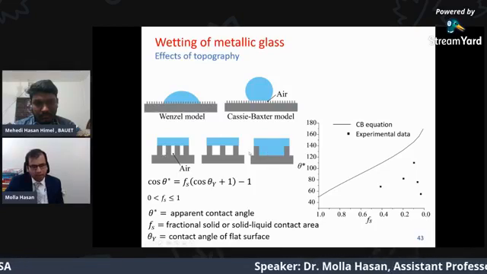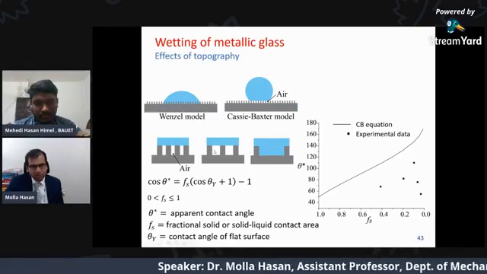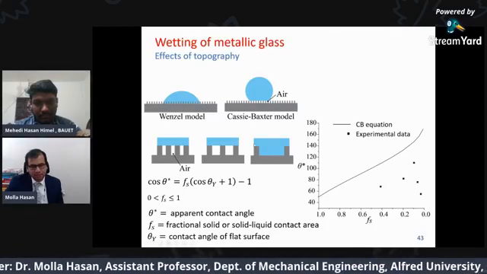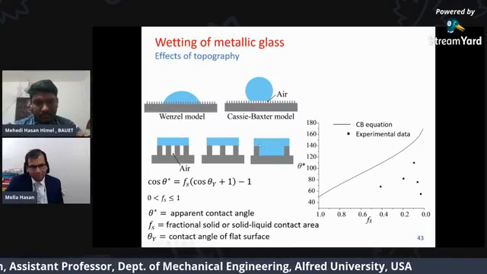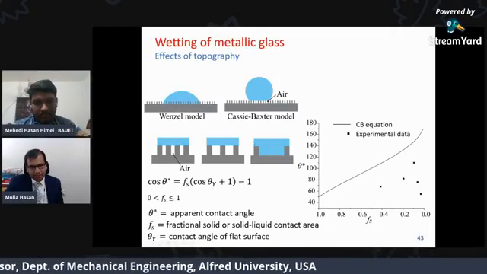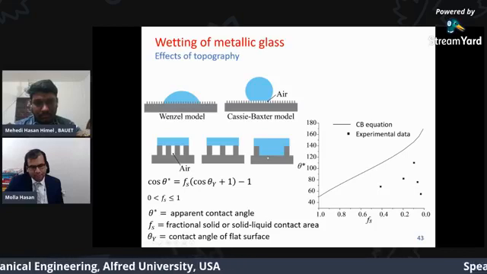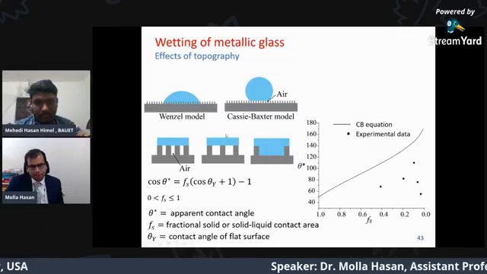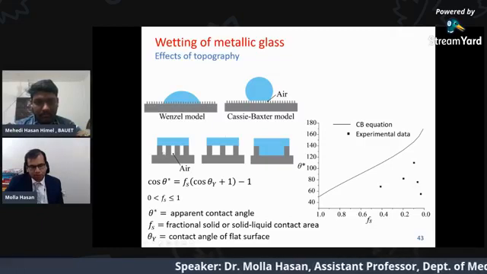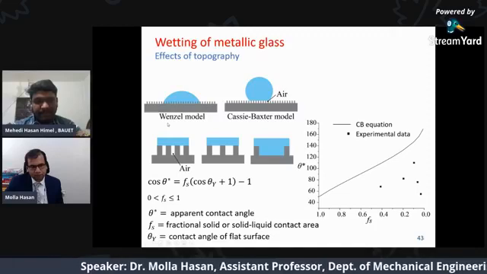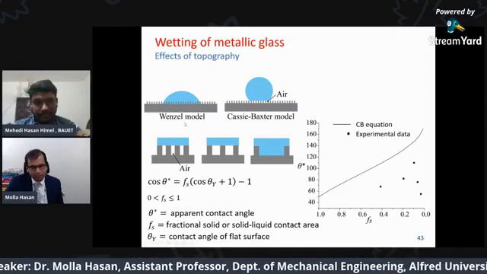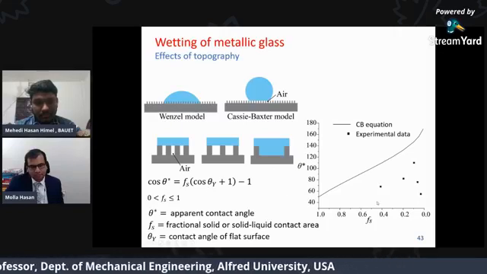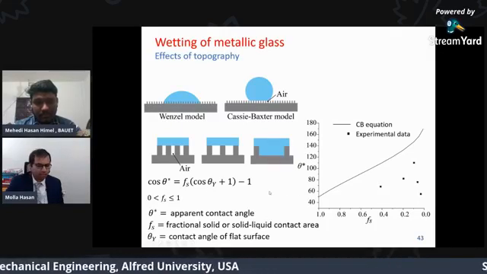But if your spacing, which we call the pitch, goes higher, the water touches the base, and then it moves to the Wenzel model. So the message is, if you can control your spacing, you can transfer the wetting state from Wenzel to Cassie-Baxter. Once you transfer the wetting state to Cassie-Baxter, you will get a higher contact angle.